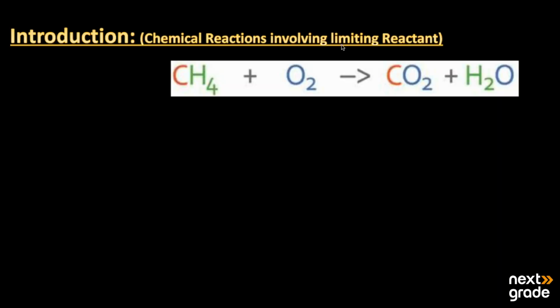So, in our today's lesson, we will discuss the chemical reactions involving limiting reactants. Here we have a lot of examples, and we will also discuss different examples from our daily life. First of all, you must know what is meant by the limiting reactant.